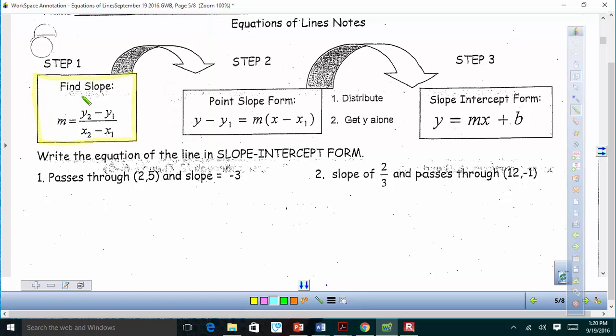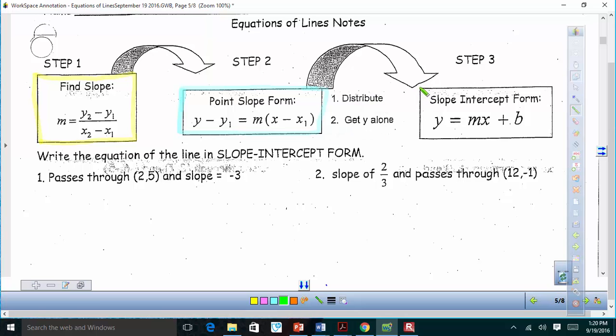Once you find your slope, or the slope is already given to you, we are going to plug into point slope form. That is one of the forms of an equation that was asked about in your bell ringer. So point slope, you use this when you're given a point and a slope. We're going to plug into that. And then finally, once we plug into point slope, we're going to manipulate it and get y alone.